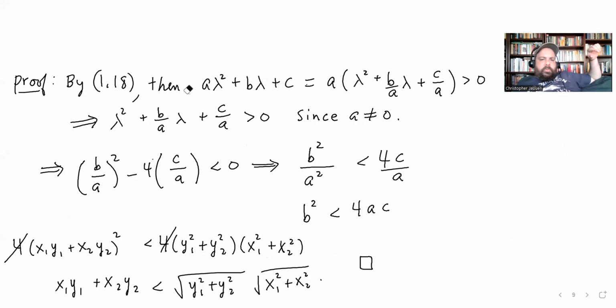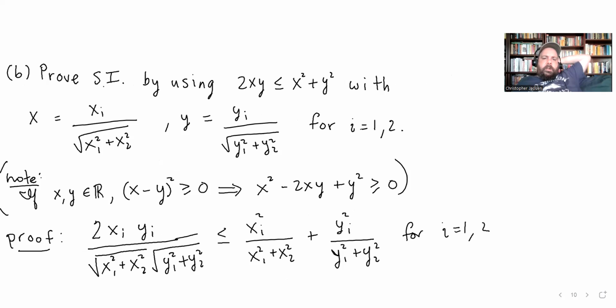And the second proof, where did we do part B? Over here. This thing over here is greater than... where did I write? Oh, over here in the note. So this thing is equal to 0 when x equals y.